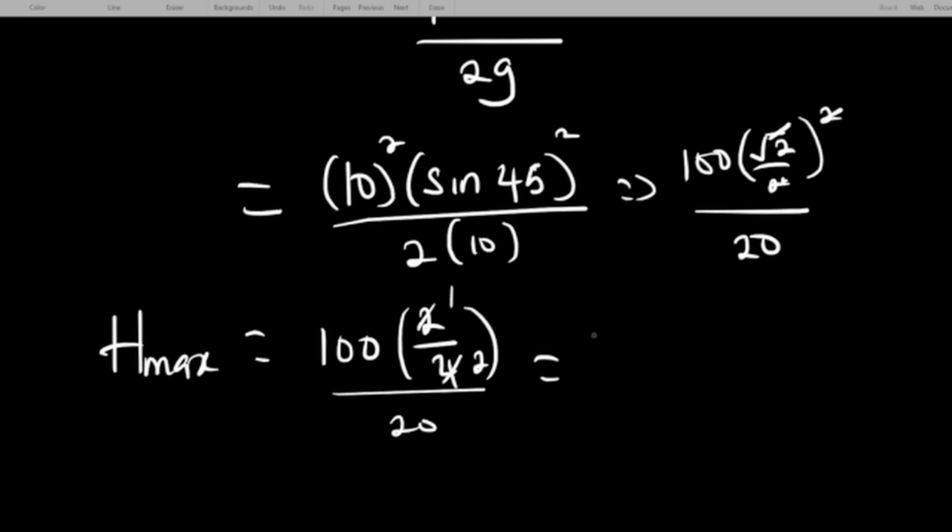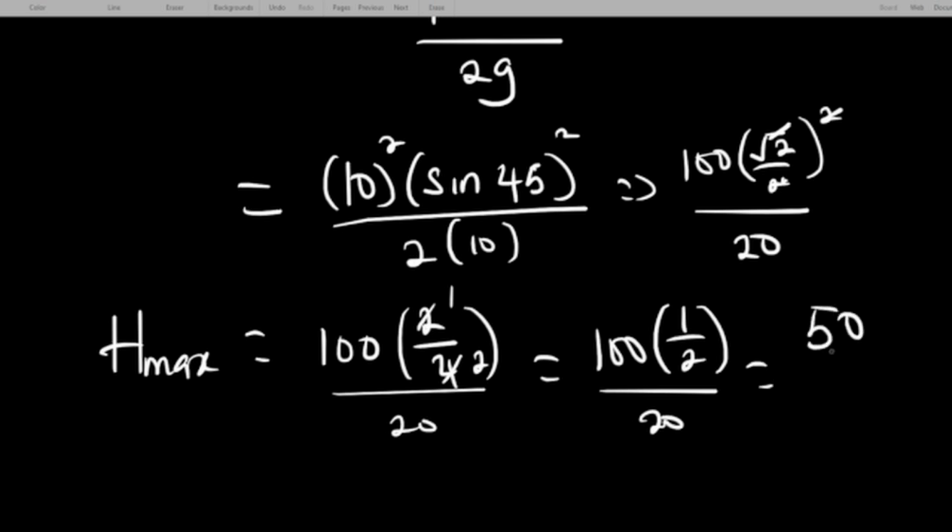So we now have 100 multiplied by 1 over 2. So if you punch sine 45 on your calculator, you're going to get root 2 over 2. And when you square the result, it will give you 1 over 2, okay, over 20. Again, 100 times half is 50, and this is over 20.